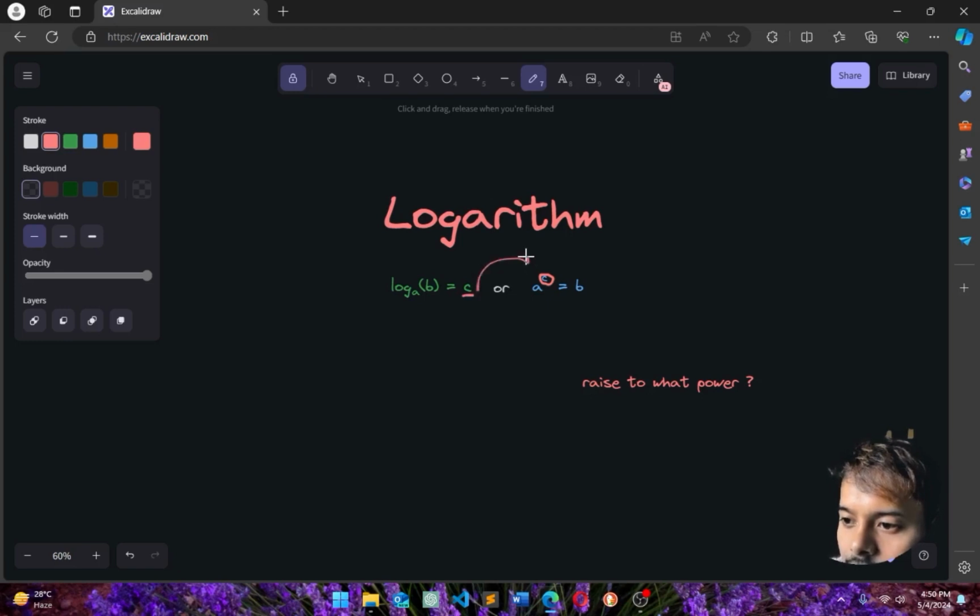So we are saying: to what value of c can we raise a so that we get the value b? Let's see log base 10 of 100.